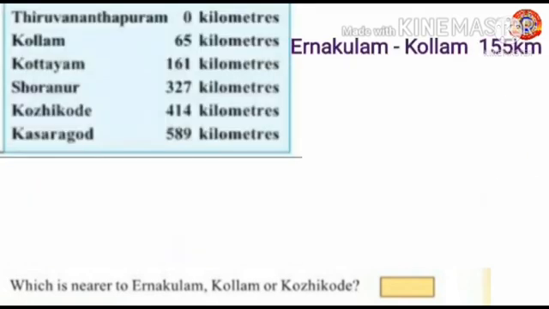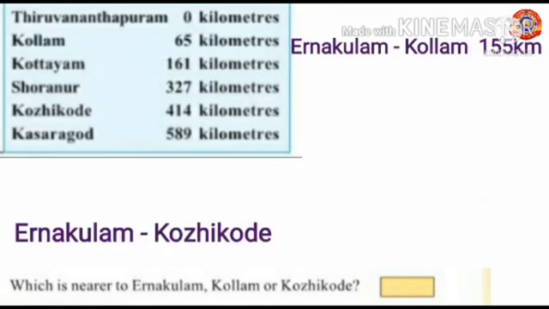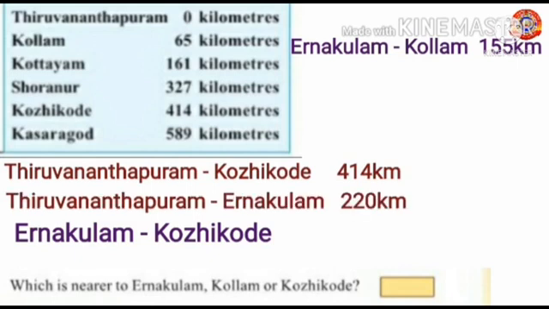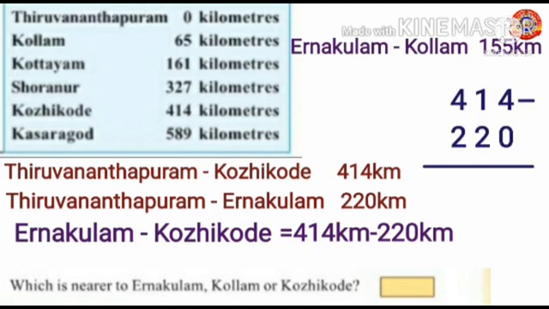Next, we have to find the distance from Ernakulam to Kozhikode. We know that the distance from Thiruvananthapuram to Kozhikode is 414 km. And the distance from Thiruvananthapuram to Ernakulam is 220 km. To find out the distance from Ernakulam to Kozhikode, subtract 220 km from 414 km. 414 minus 220. 4 minus 0, 4.